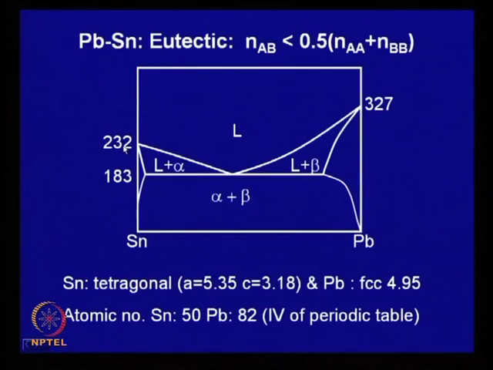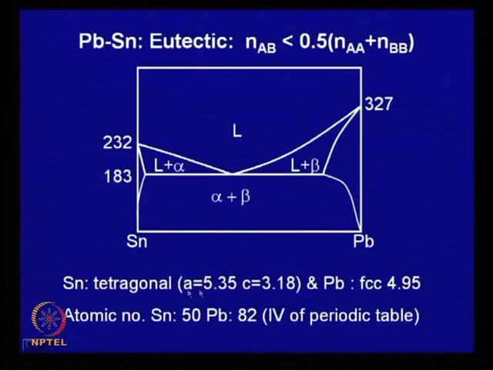Tin has a melting point of 232, lead has 327 degree centigrade as its melting point, the eutectic melts at 183, and the solder composition is close to the eutectic composition. And here if you look at the crystal structure, why do you get a eutectic here? One is, there is a difference in crystal structure. So, the unlimited solubility in the solid state is ruled out.